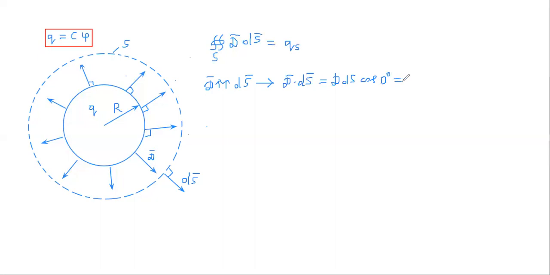And cosine of 0 is equal to 1. So it will be D dS.